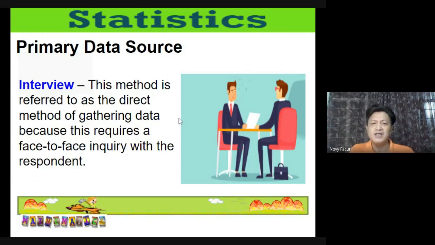So kung mapapansin natin, kailangan pag nagtatanong tayo, be authentic. Titignan mo sa mata. Kaya nga makikita mo kung sincere doon sa pagbigay ng information. Malalaman mo yan. And with that, no, so yung interview pwede natin gawin sa online yan. Okay, but you have to see that naka-open yung kanyang camera para makita mo pa rin kung authentic dun sa mga answer niya. So therefore, you can collect data.